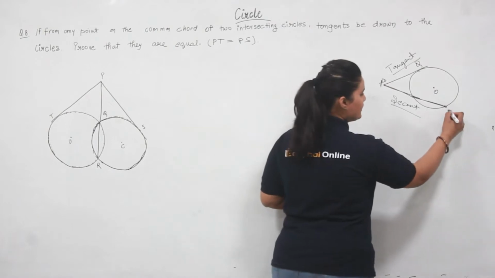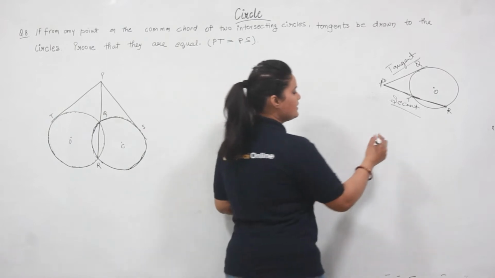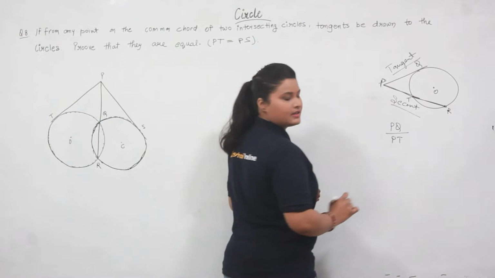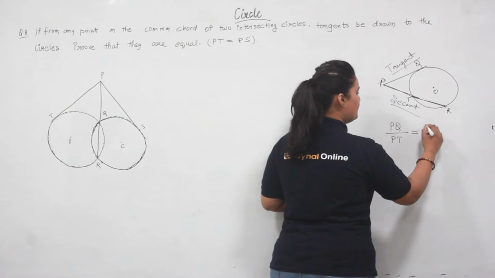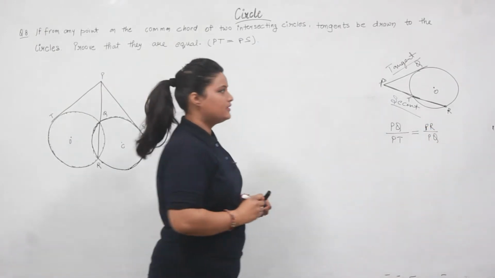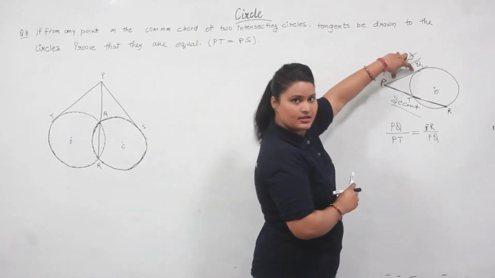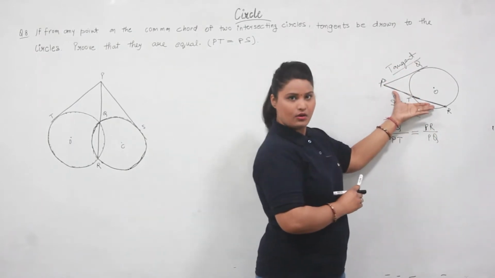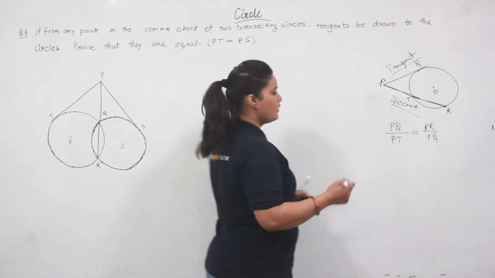Now there is a relationship between these two lines. If this is my point R and this is T, then the relationship is PQ upon PT is equal to PR upon PQ. This means the tangent upon PT is equal to the complete length of the secant upon the length of the tangent PQ.